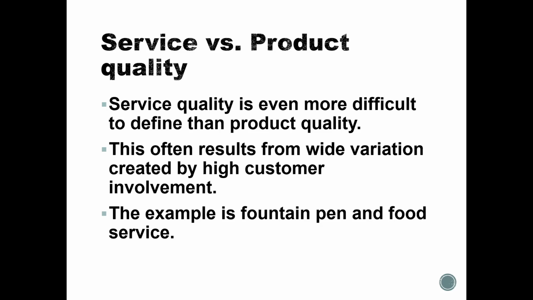As the number of customers for a product is high, you may not expect the same kind of service quality as for a product with fewer customers. An example of this is a fountain pen and a food service. A fountain pen is a product which will be used by a customer, and the food service totally depends on the number of people who are going to deliver the food to you again and again.